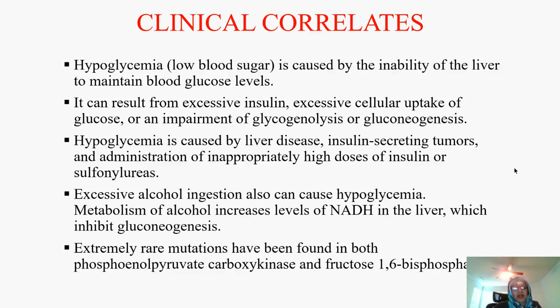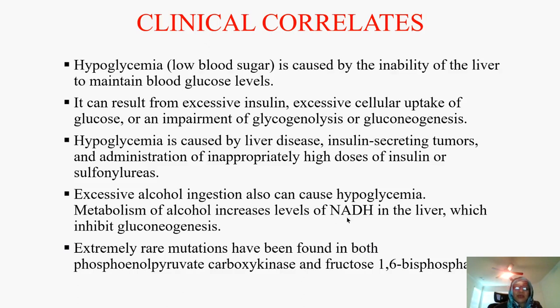Another thing, alcohol. High levels of alcohol will also lead to the same condition, which is hypoglycemia. Hypoglycemia means low blood glucose level, and in these processes, the ratio between NAD and NADH is very essential. When people ingest alcohol, alcohol metabolism will release high amounts of NADH and utilize NAD.